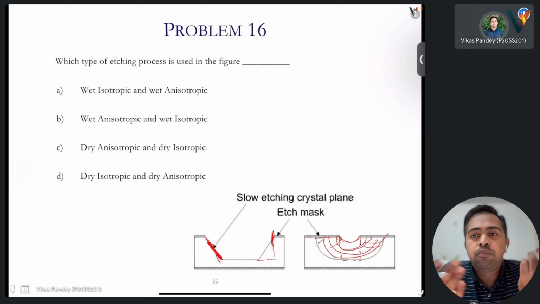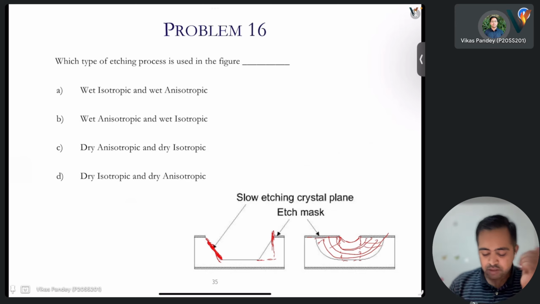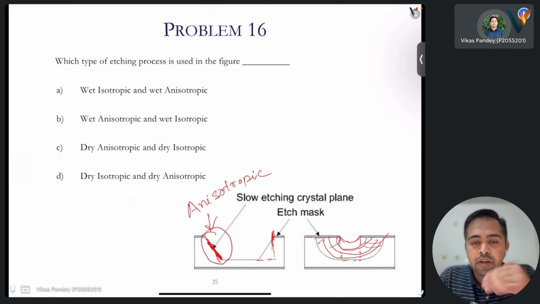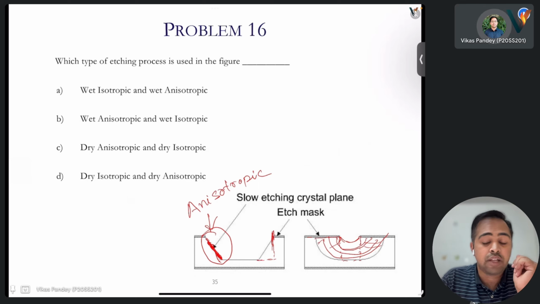Certainly both of these will be occurring in case of wet etching only. This one is an anisotropic process. Why anisotropic? Because the anisotropy is being determined by the plane in the substrate, and it will not be equal in all the directions.